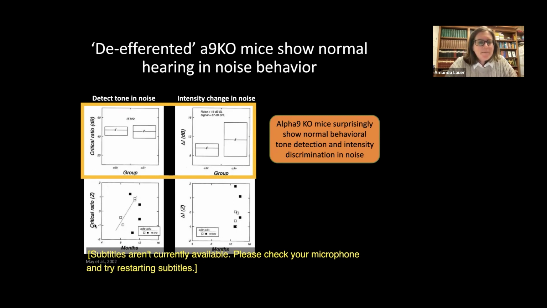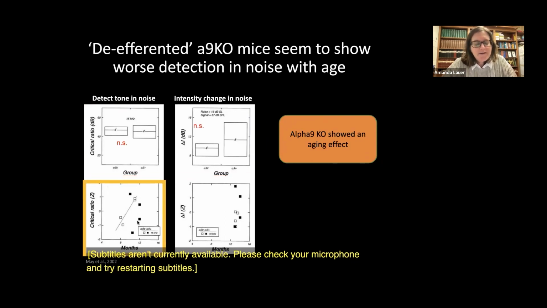However, something interesting actually happened, and that is that there seemed to be a bit of a worsening of detection of the tone in noise with age in the alpha 9 knockouts only, and not in the wild type mice. And this really didn't go anywhere for a while until I started working with Brad May, and we started looking into this more closely, thinking maybe what's going on is these mice are tested daily in noise.